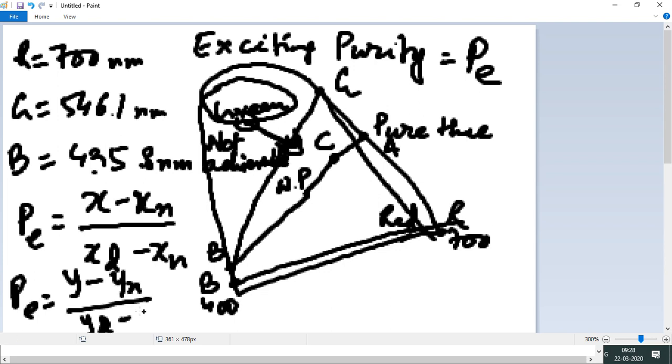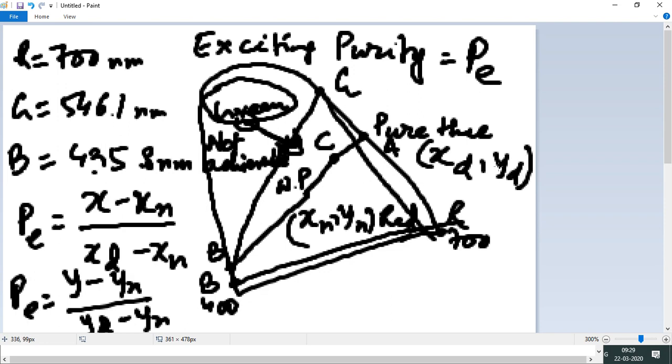So what is the excitation purity in this case? If the chromaticity coordinate of the white point is xn, yn, and the area of pure hue has coordinates xd, yd, and C is the color whose excitation purity you want to find, that is x, y.